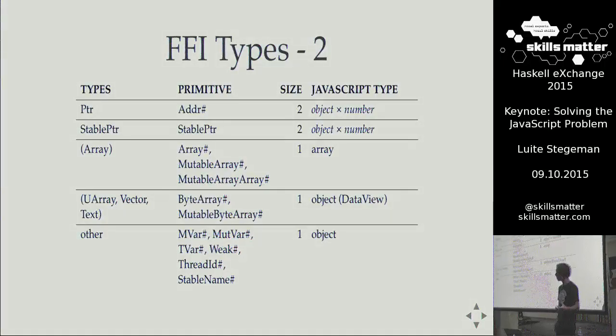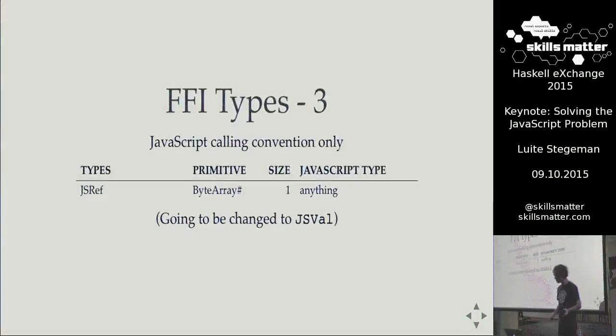That works reasonably well for supporting existing packages out of the box just by providing a JavaScript implementation of the C functions they tend to call. There's one thing that's new, and that's the JSRef type. That's only supported for the JavaScript FFI. That's basically the thing that you use in GHCJS to wrap any JavaScript value.